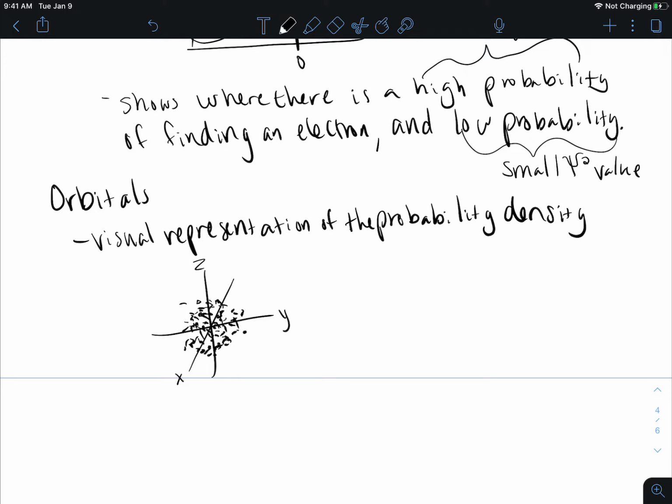A little dot, dot, dot, dot, dot, hundreds and millions of times, and this is our spatial distribution in 3 dimensions, in 3D, of the electron density.